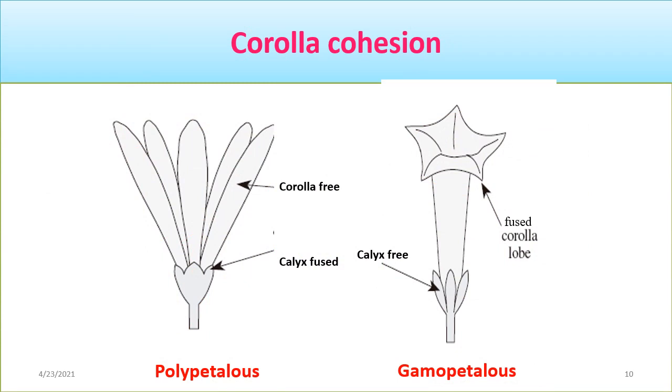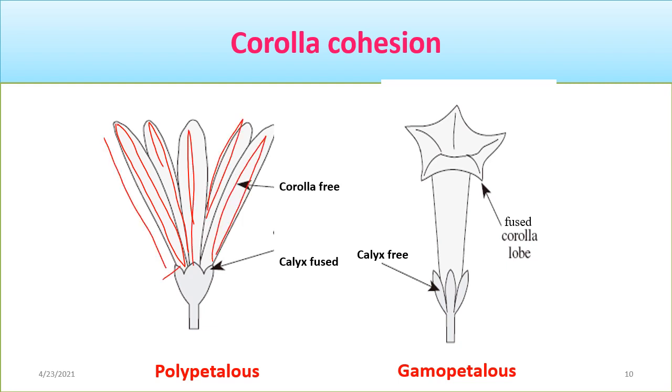Then here we can see the diagrammatic pictures. Here you can see this is one petal, this is another, this is third, this is fourth, and this is fifth. And if you see there, lengthwise they are free, throughout they are free.